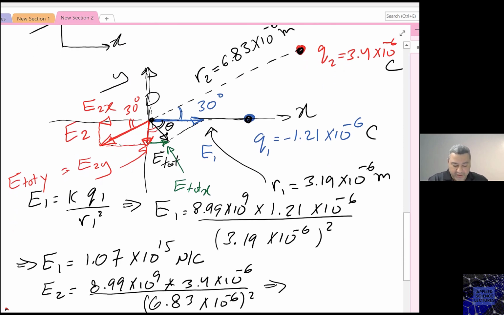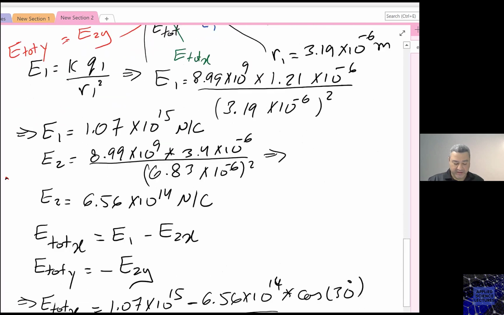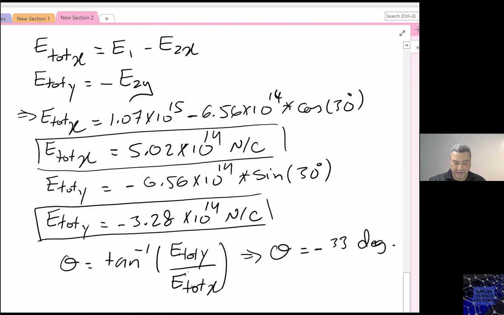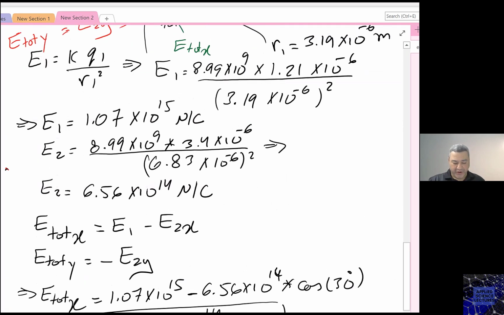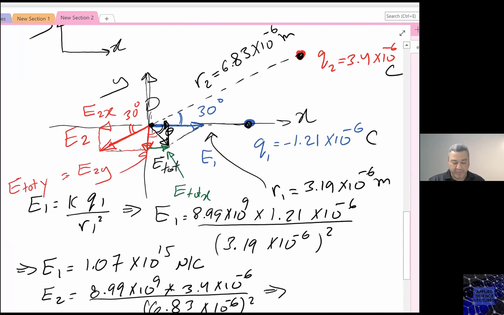Why? Because this one now is E tot x, and this one is E tot y. So it would be tan inverse of E tot y over E tot x. So minus 33 degrees, which means 33 degrees below the x-axis.